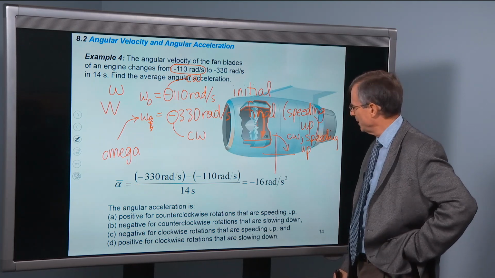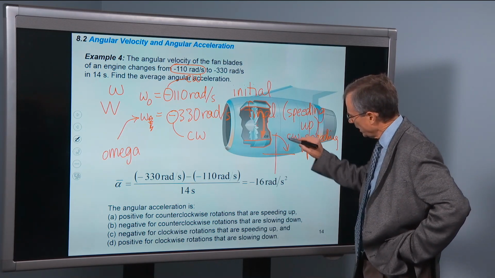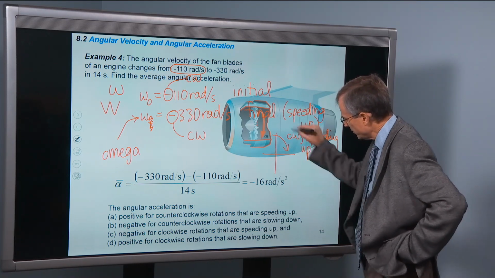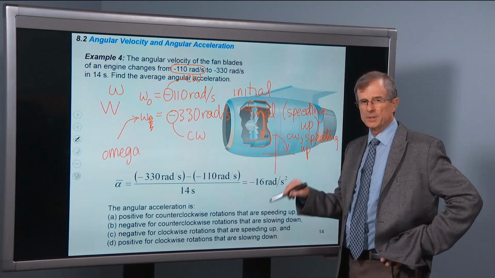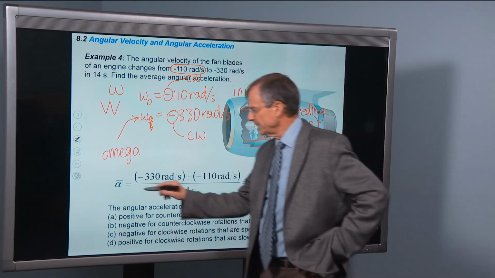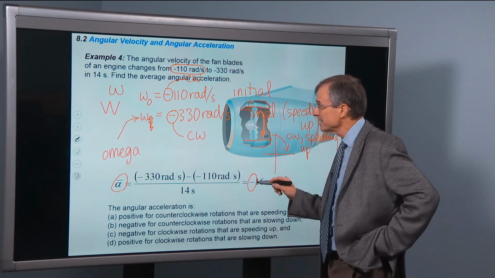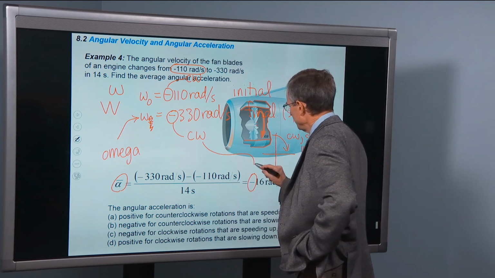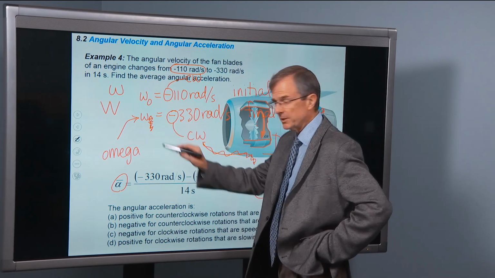What can we say about the average acceleration? We're going clockwise, we're getting faster and faster and faster, and so we're actually accelerating in the direction of the angular velocity. So we would expect the angular acceleration to have the same sign as the angular velocity because it's accelerating. This sign means we're rotating counterclockwise.